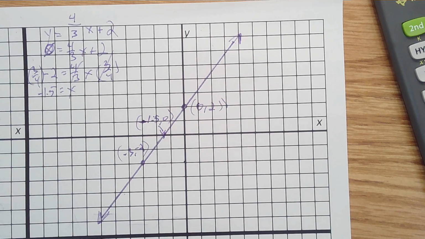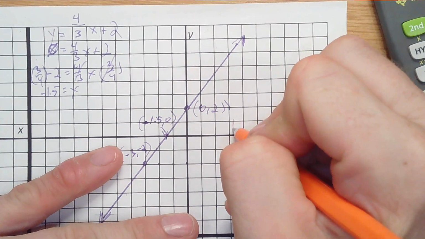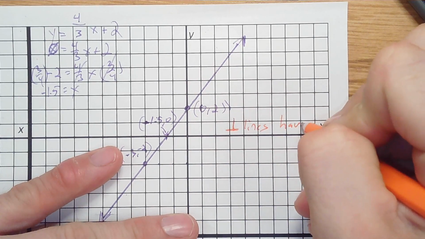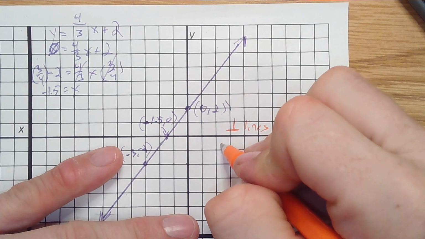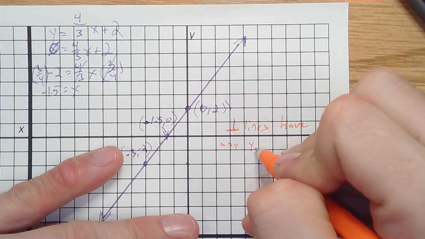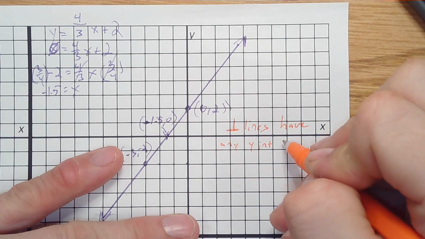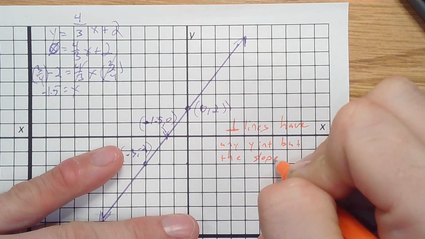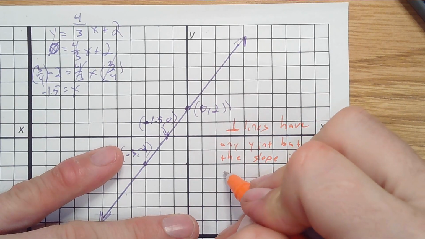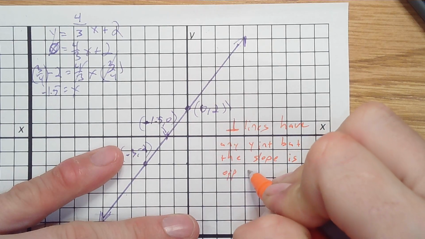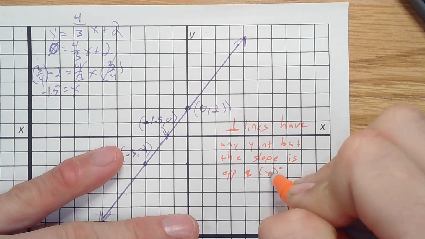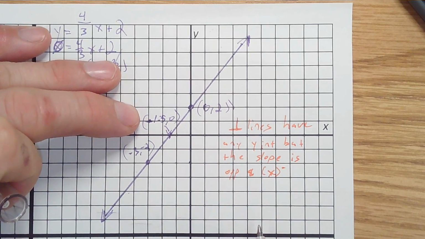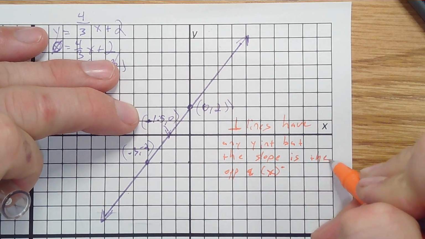Okay, so perpendicular lines can have any y-intercept, it doesn't matter, but the slope is the opposite and reciprocal.